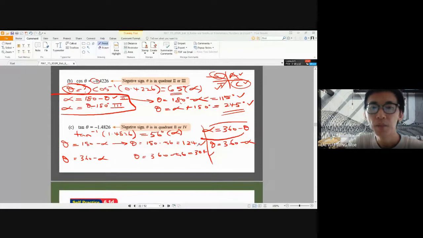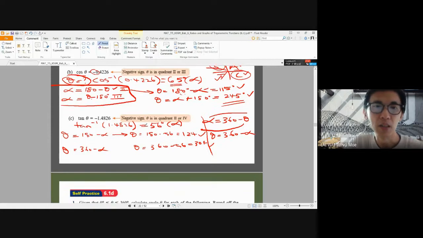Okay, Jiahuan, Intan, okay. So this is how we do the answer. Okay, Aliyah, bagus. So I think this is the part of finding theta, if given cos or sine or tangent theta equals to something. So this is how you find the angle theta.